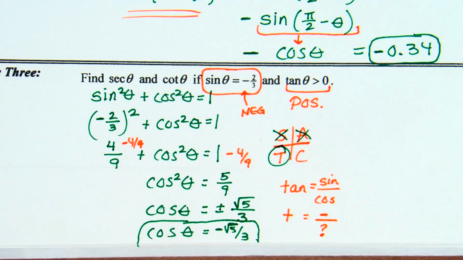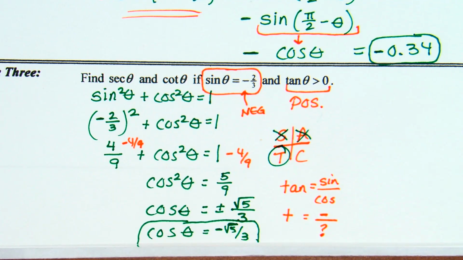If you thought tangent is sine over cosine, well, it's a positive equal to a negative divided by a what? A negative. So for either of those reasons, I would argue that cosine has to be negative, and they're both valid reasons.